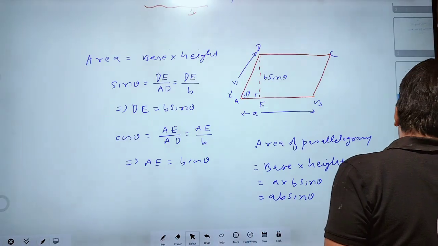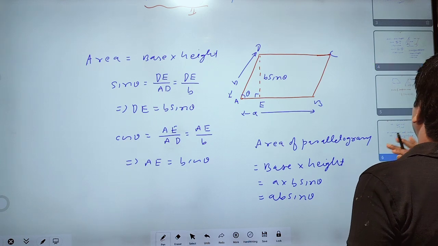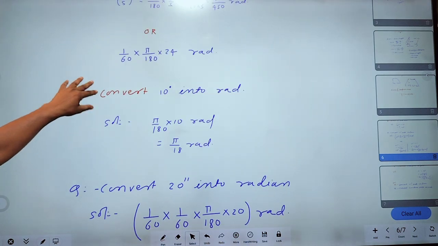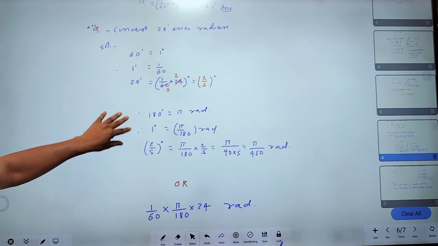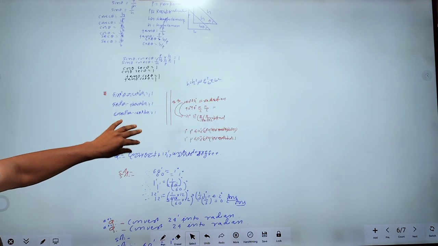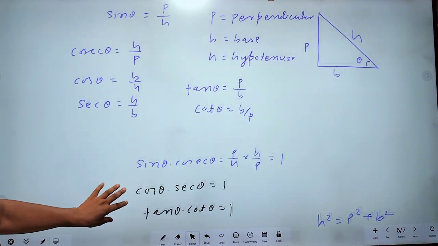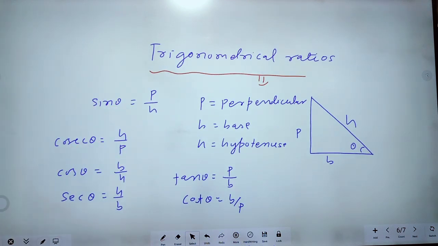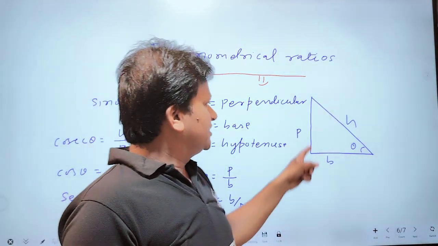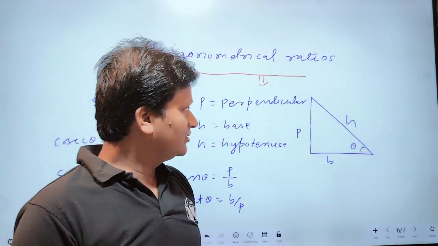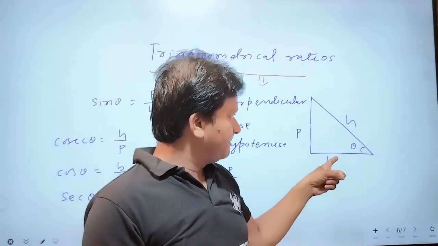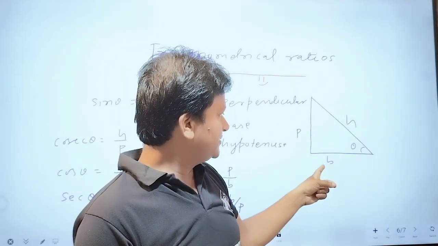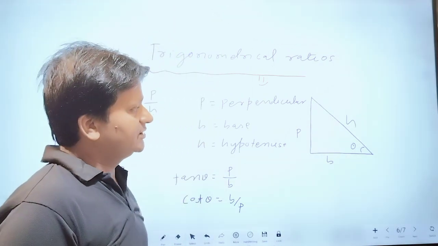Now I am going to discuss trigonometrical ratios. Suppose this is a right angle triangle whose hypotenuse is h, base is b and perpendicular is p.